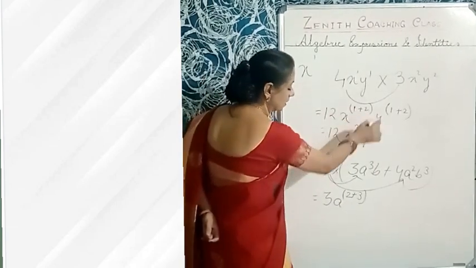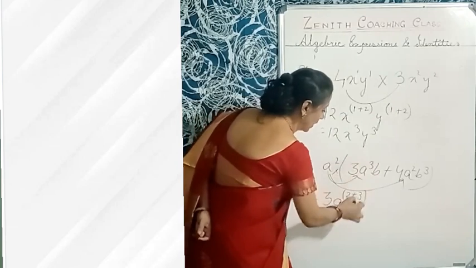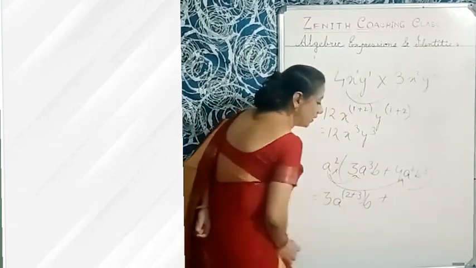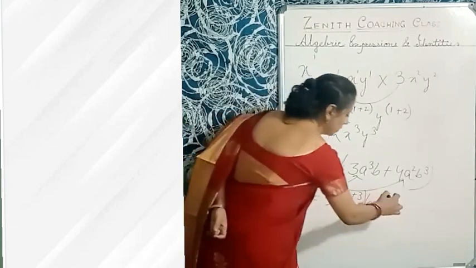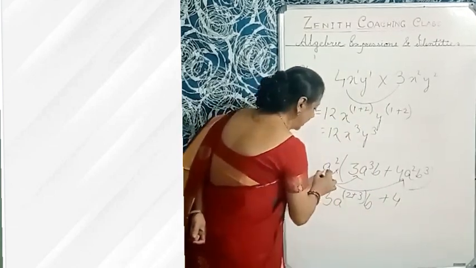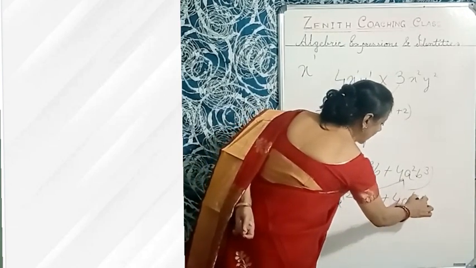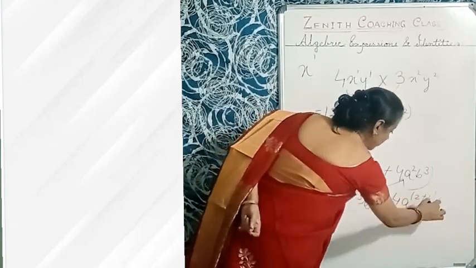Here you have done the summation. So here is also 2 plus 3, and b is there. So b. Plus, now here you will write the numerical, first the 4. Then a square multiplied by a square, that is a to the power 2 plus 2, and b cube there.